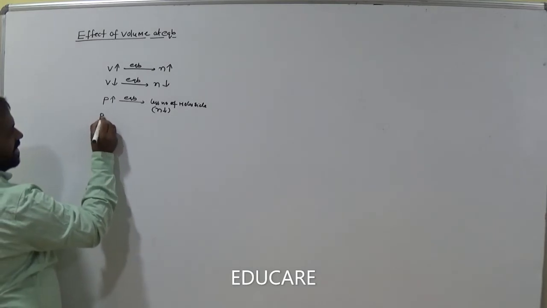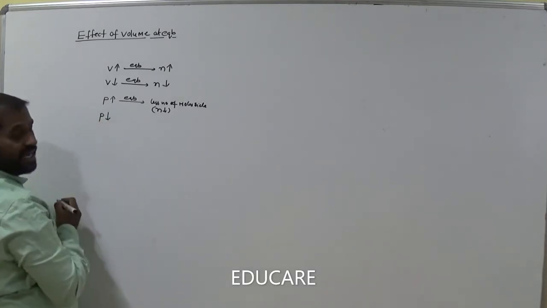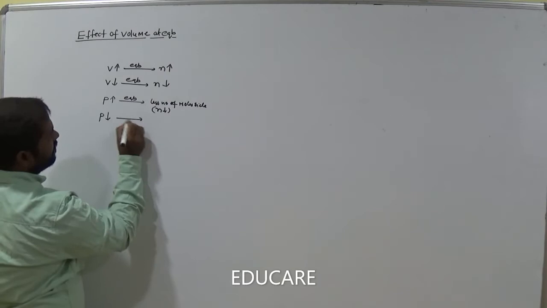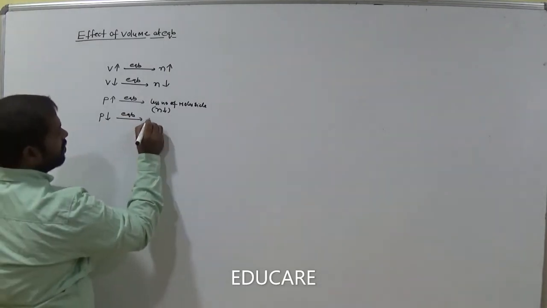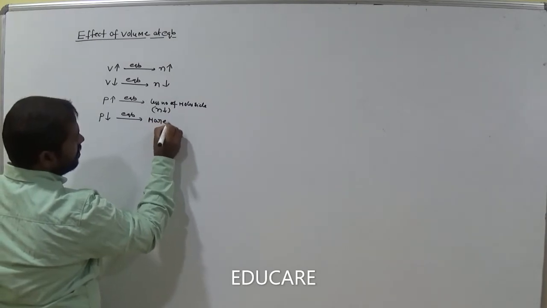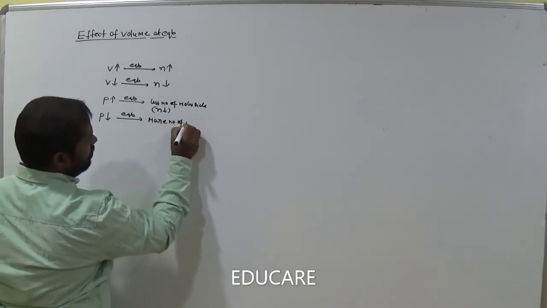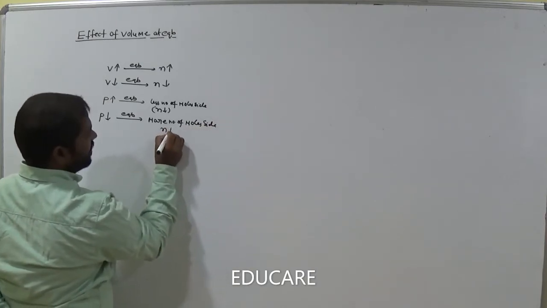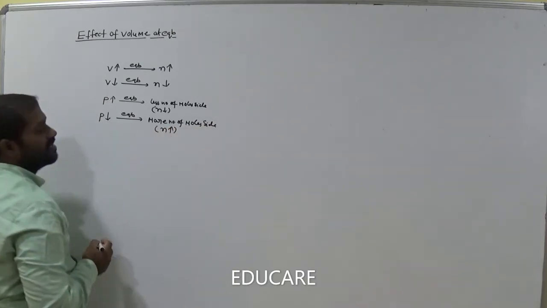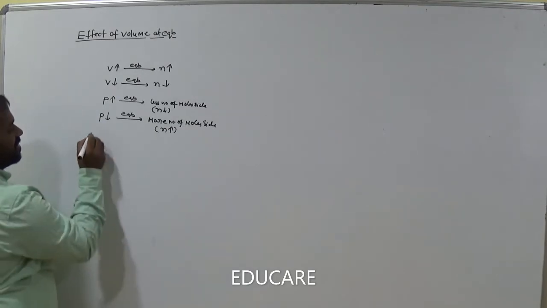If pressure decreases, then the equilibrium position shifts towards the side with more moles. More moles means the n value increases. Is it clear?